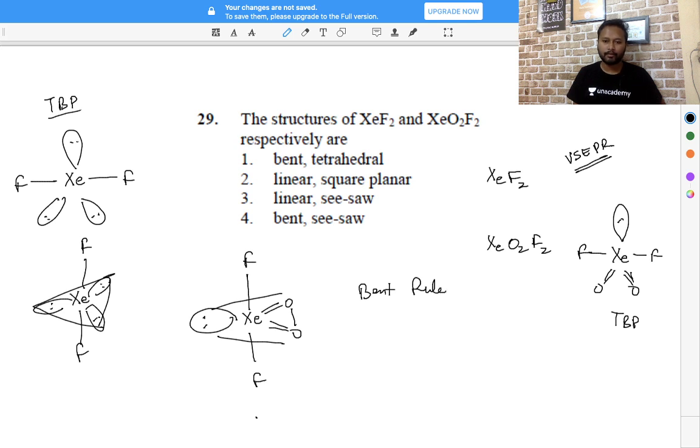If you don't know about it, I have a video on my YouTube channel, so do watch that video. Over there I have explained what Bent's rule is and how it is used. More electronegative groups go to the axial position. So fluorine, being more electronegative, will remain on the axial position.